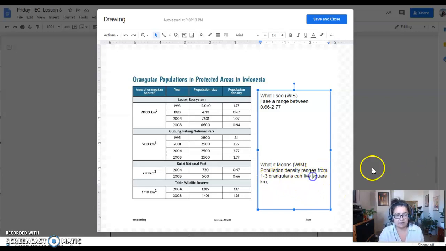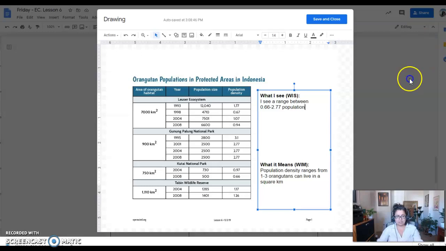Okay, so I analyze this and I list everything that I see here, at least 3 things that you notice and you see here. And then if you could tell me, then what does it mean? What is it that it means to you? So if I see a range between 0.66 to 2.77 population density, what does that mean?